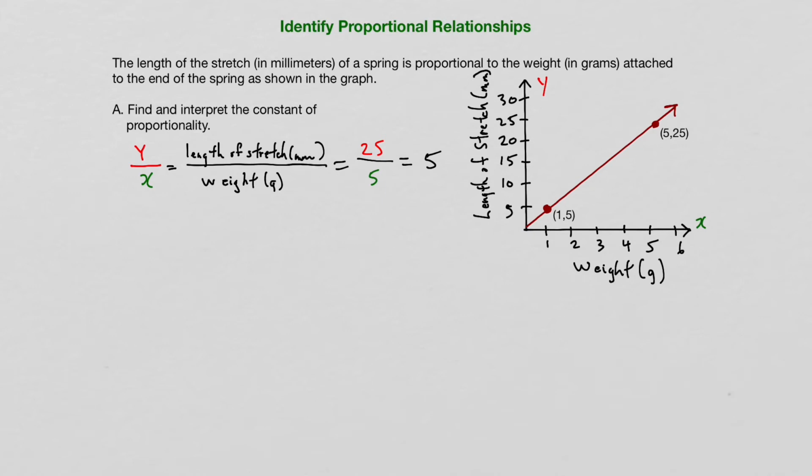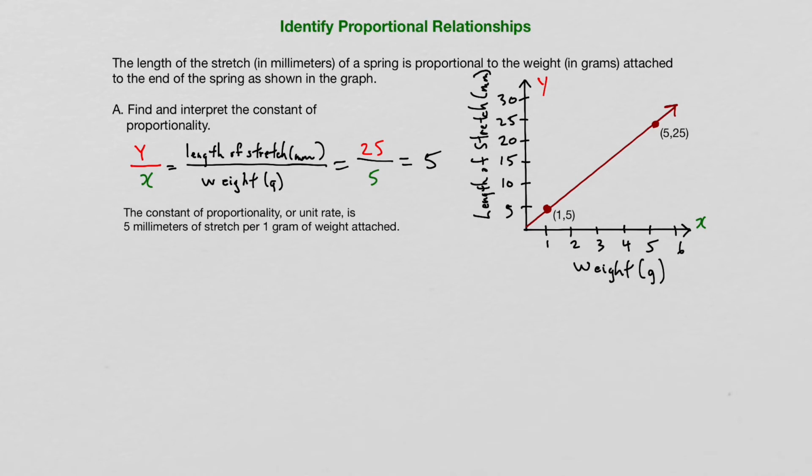Okay, let me say that again. For every 5 millimeters of stretch, that is equivalent to 1 gram of weight. So in other words, the constant of proportionality or unit rate, okay, this is our slope of 5, is 5 millimeters of stretch per 1 gram of weight attached.